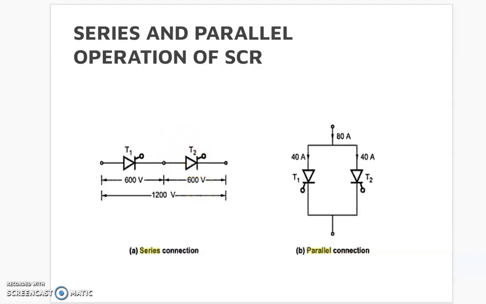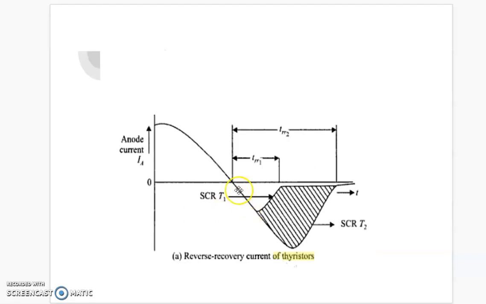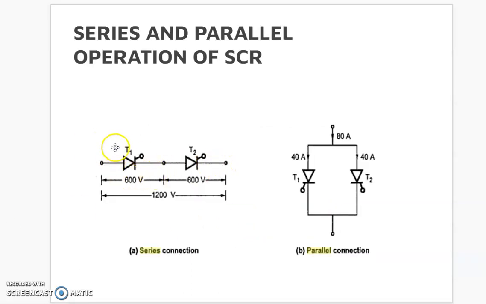Similarly, if we want to commutate, that is, switch off an SCR, and let us say SCR T1 gets switched off quickly before SCR T2, like in this graph, then the entire 1200 volts will be applied on SCR T1. This is the problem, as the rating is only 600, and SCR T1 might get damaged.